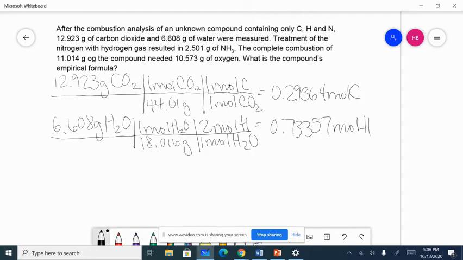And then the nitrogen, let's look carefully at the nitrogen. So we have 2.501 grams of NH3 and 17.034 grams of ammonia.